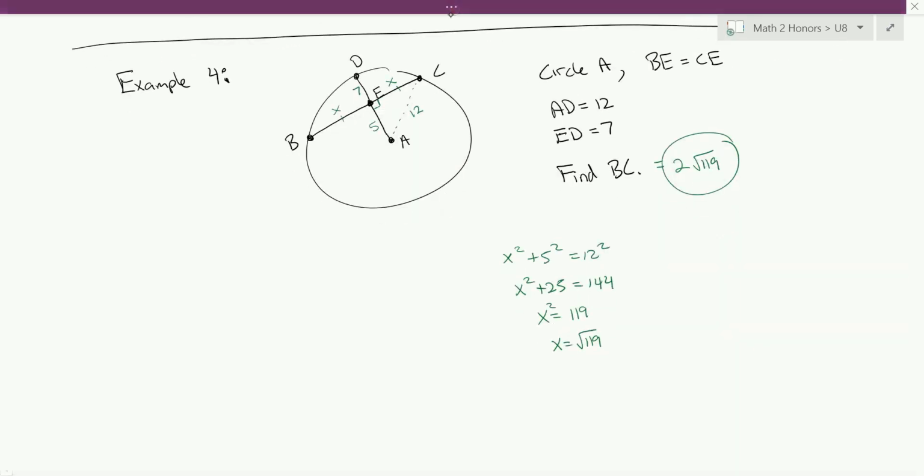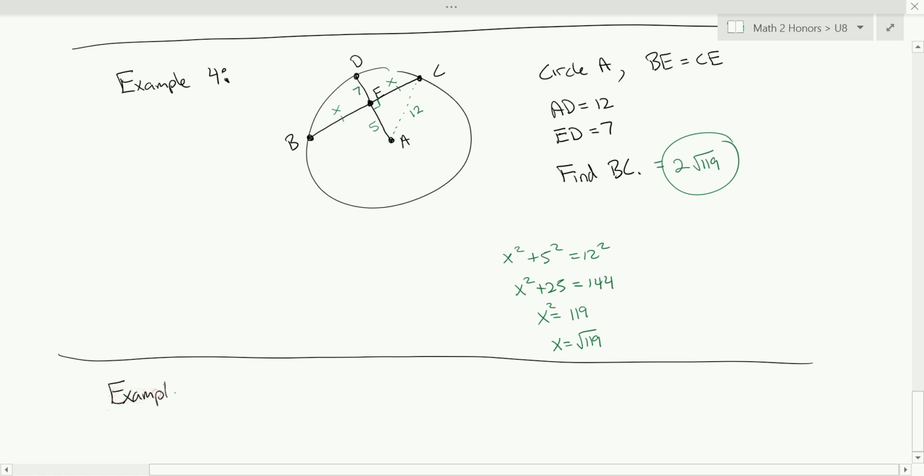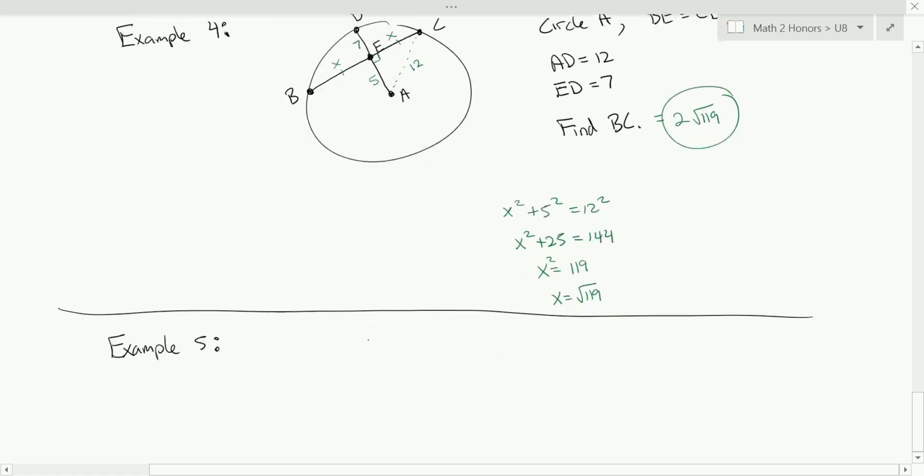All right, last example. See if I can squeeze it in here with you guys. I want you to see it. Not as much thinking, but a lot of working on this next one. You got this right triangle here.